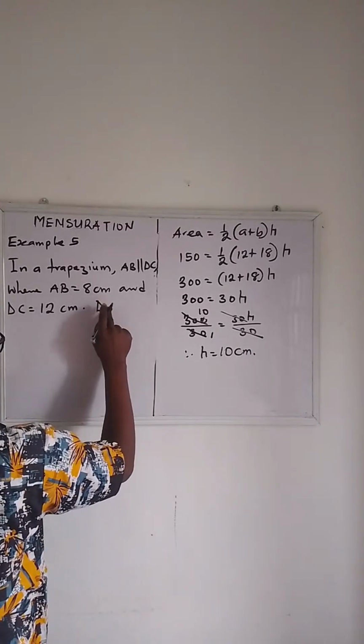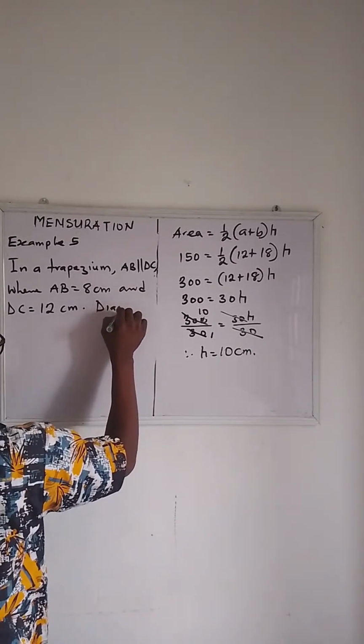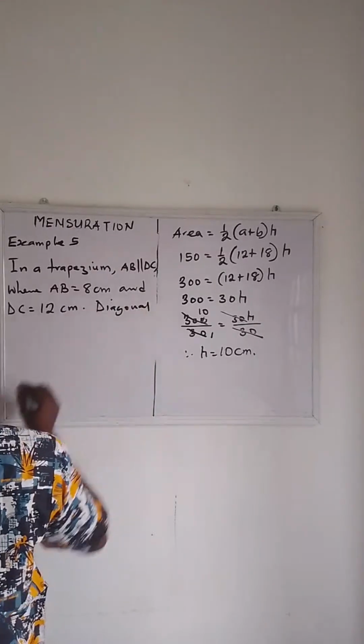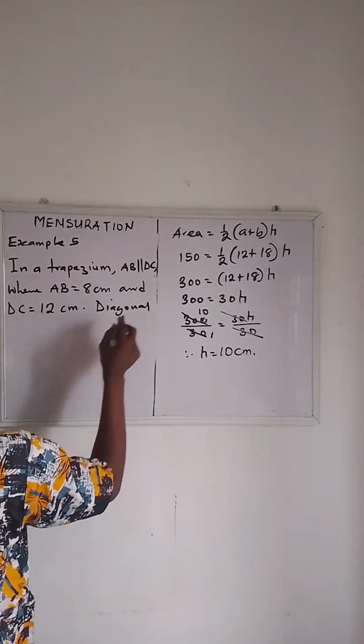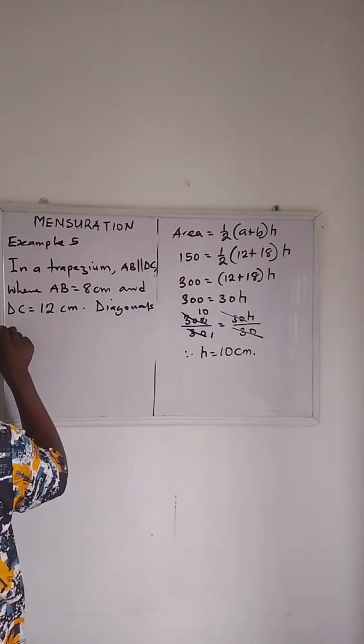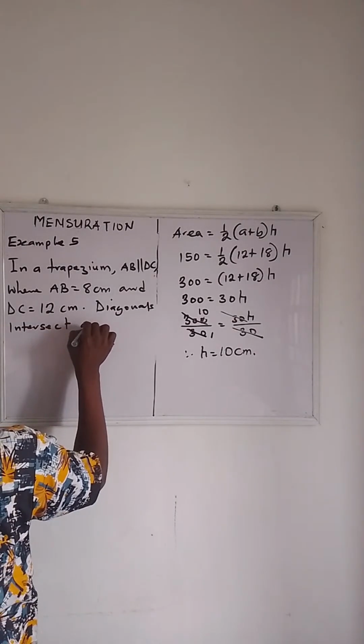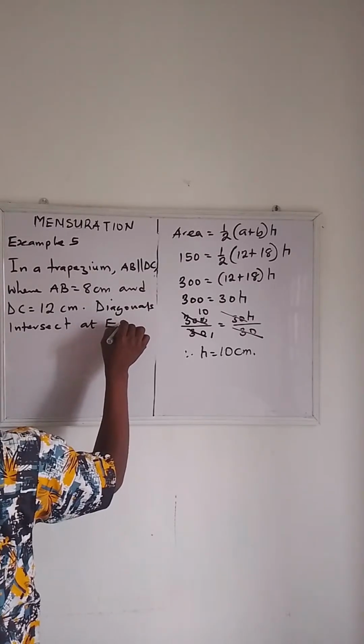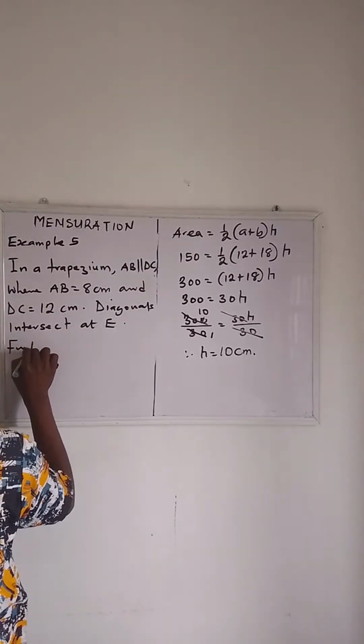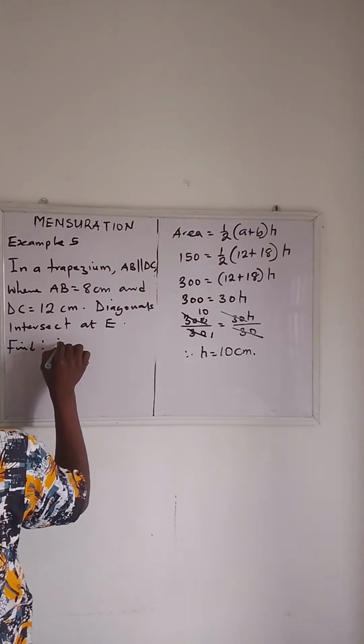Diagonal intersects at E. Find Roman numeral 1.